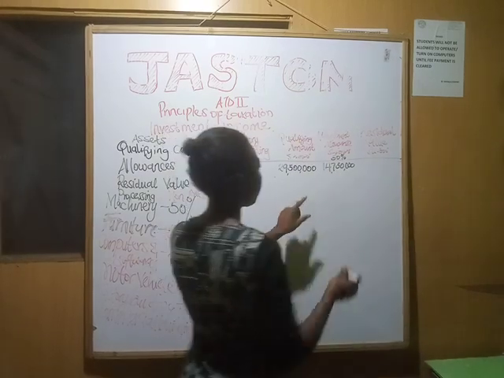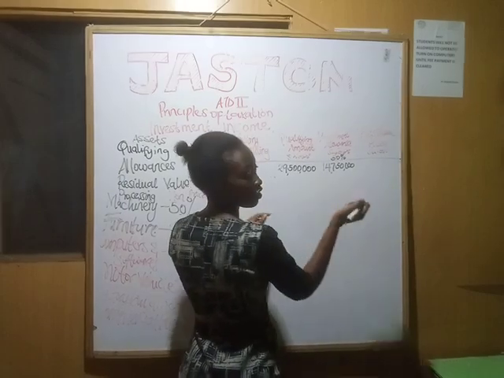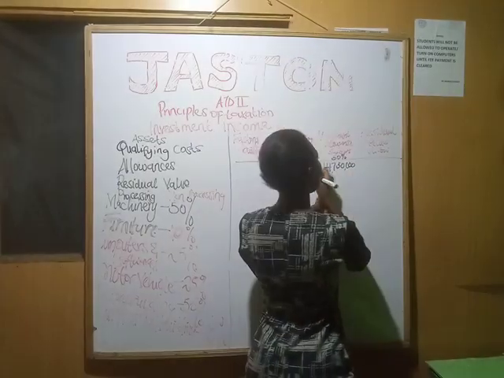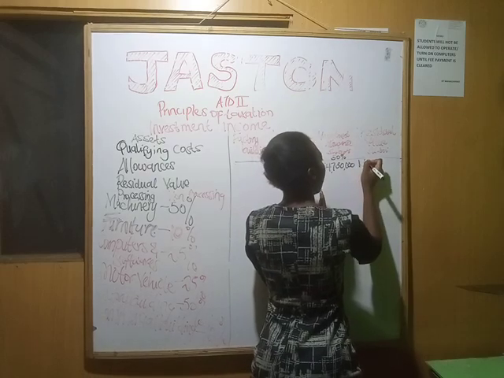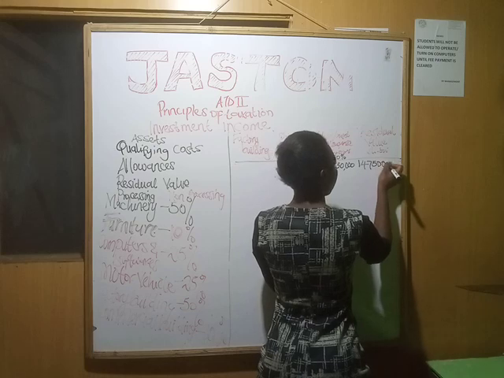For the residual value, we take 29,500,000 less 14,750,000, and we get 14,750,000.